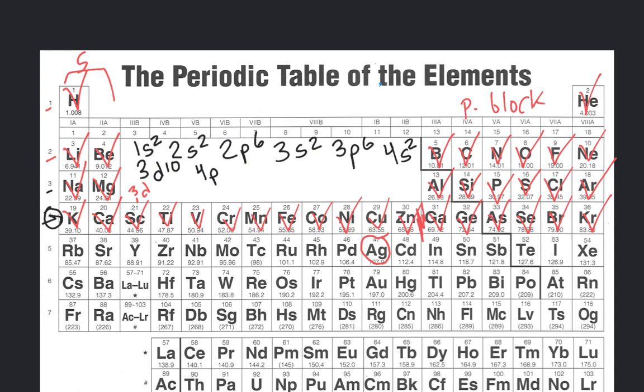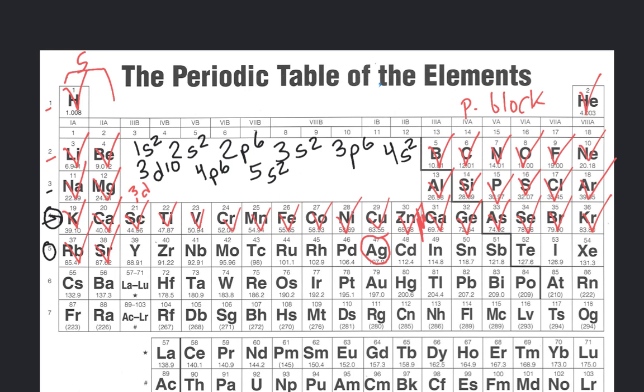So we're going to finish 4P6 there. And then we're going to drop down to the fifth energy level. And we're back in the S block on the left side. So that's going to be 5s1 and 5s2. And then we're going to go to yttrium here, element 39.